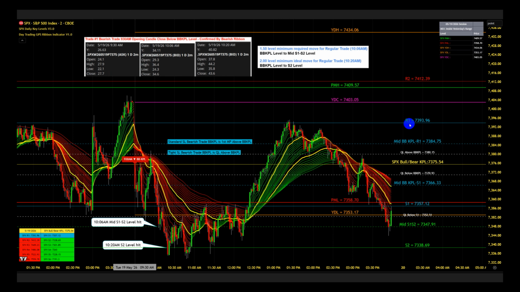If you had a bearish trade off of R1, then you would simply turn on mid R1, R2, and use that as your standard stop loss. For a bullish trade off of S1, whereas the tight stop loss was the QL below S1, the standard stop loss is the first midpoint below S1, and that is mid S1, S2.